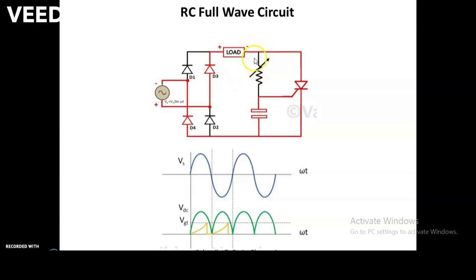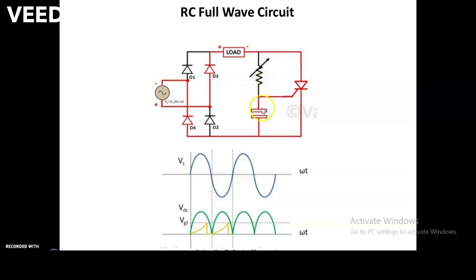Here we can see this pulsating DC waveform, which can be generated by using full wave rectifier. Here is our supply voltage, which is alternating, and due to this rectifier circuit, we are getting at the input of this resistor pulsating DC. Now this pulsating DC is used to charge capacitor.